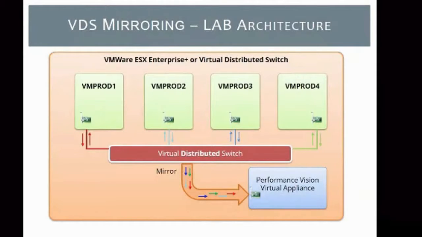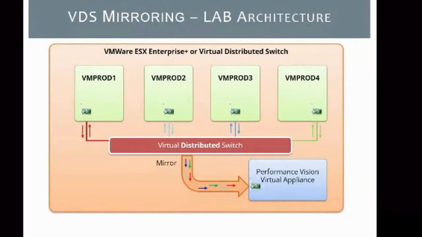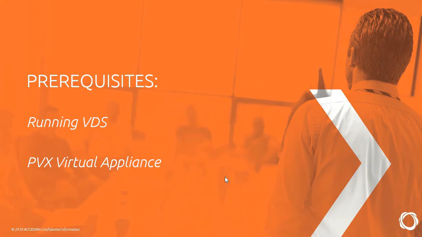And again, we talked about prerequisites. Got to be running VDS, and again the PVX virtual appliance needs to be installed and configured. If that's not done, go back and see one of the previous videos.